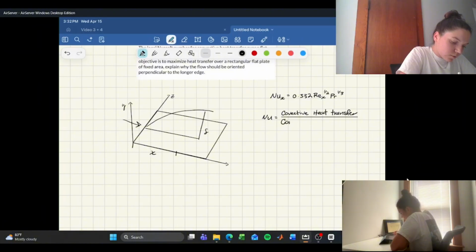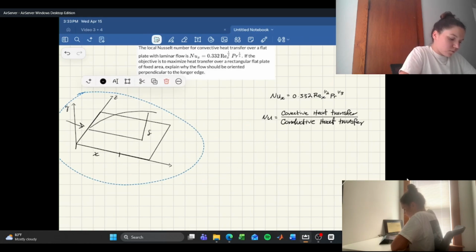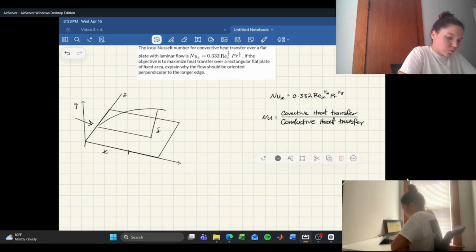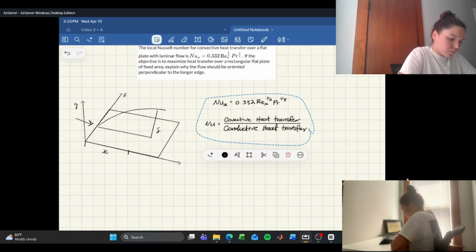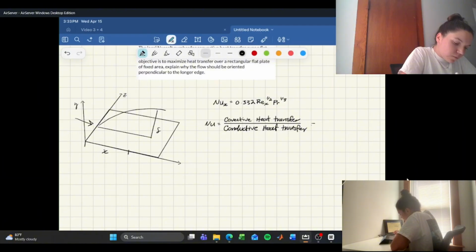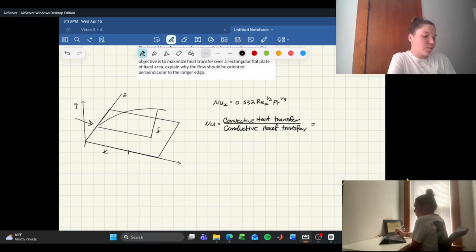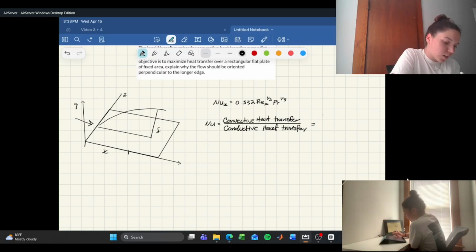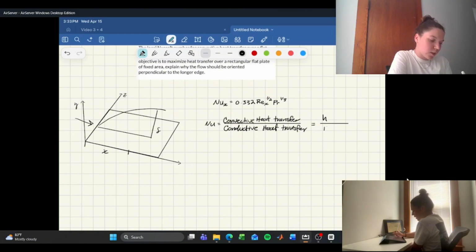So this is going to be equal to h over k, where the convective heat transfer coefficient is h, and the conductive heat transfer coefficient is k.